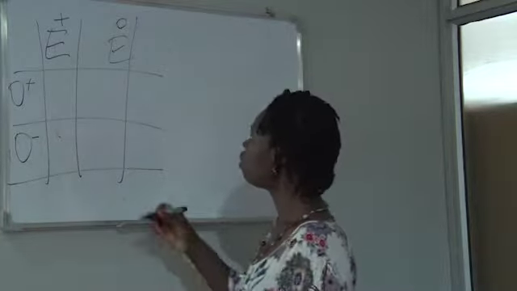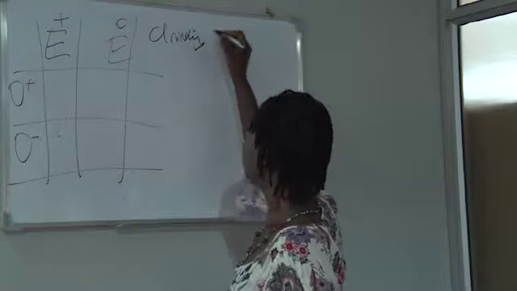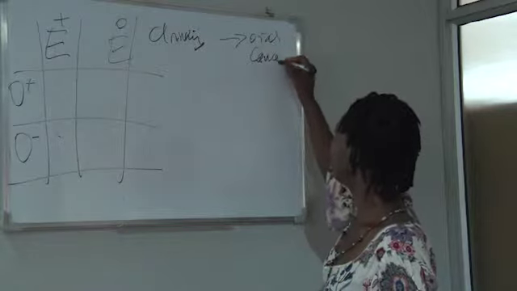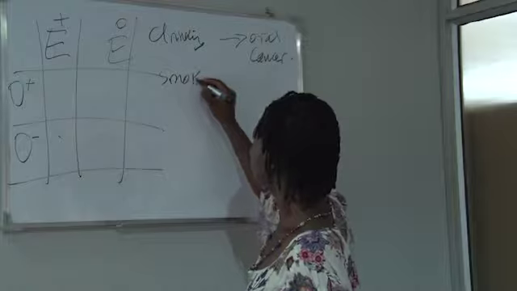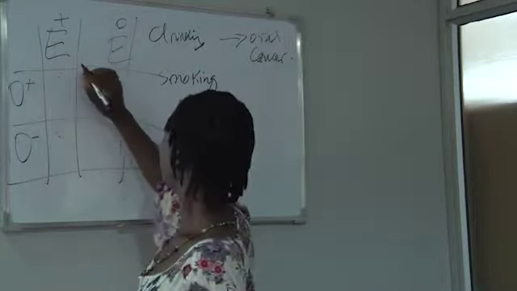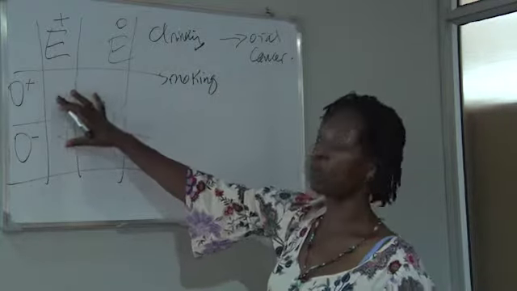If our exposure was alcohol drinking, and our outcome was oral cancer, but our potential confounder was smoking, we're going to have 2 tables of stratified analysis.